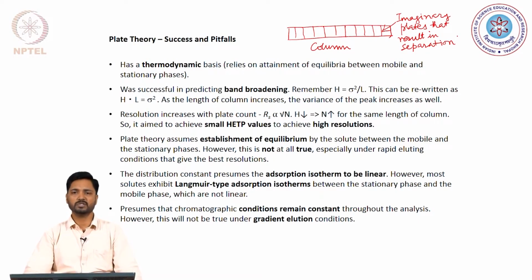We already saw in the last lecture that a more straightforward way to do this is to increase the length of the column. However, it turns out to be more practical and more efficient if we can reduce what is known as the plate height.